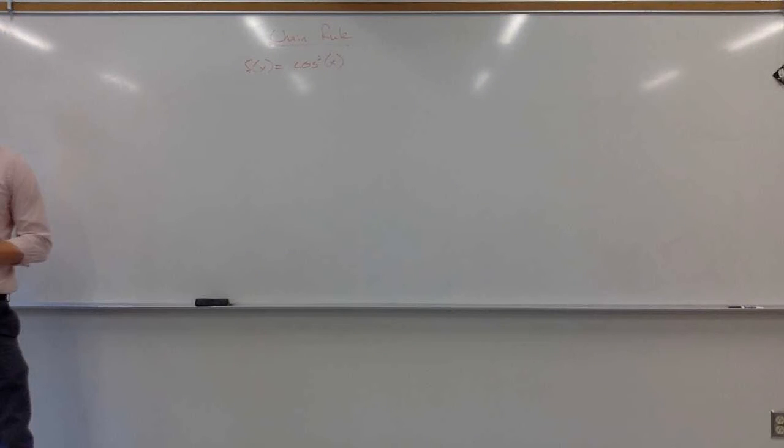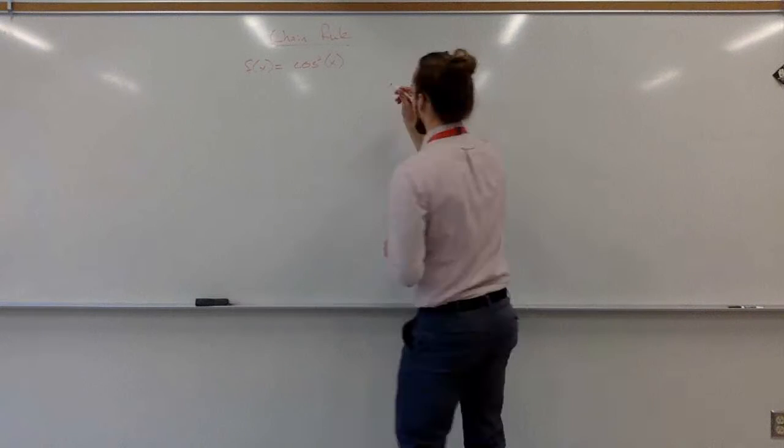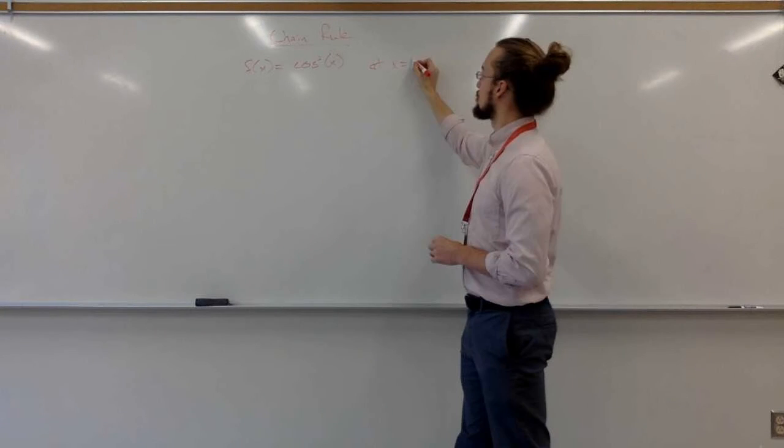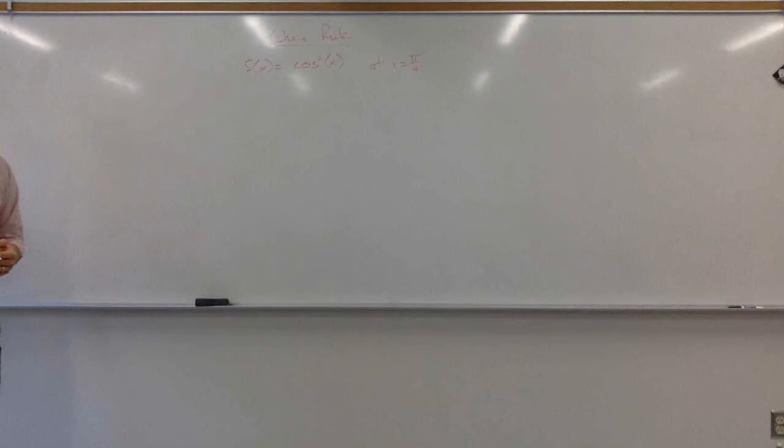And I want you to write the equation of the tangent line at x equals pi over 4. Right, so my original function is cosine squared. And I want you to write the equation of the tangent line to this function at x equals pi over 4.